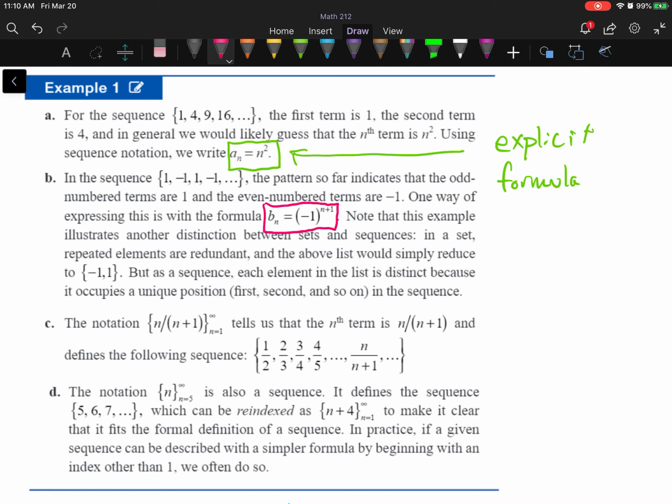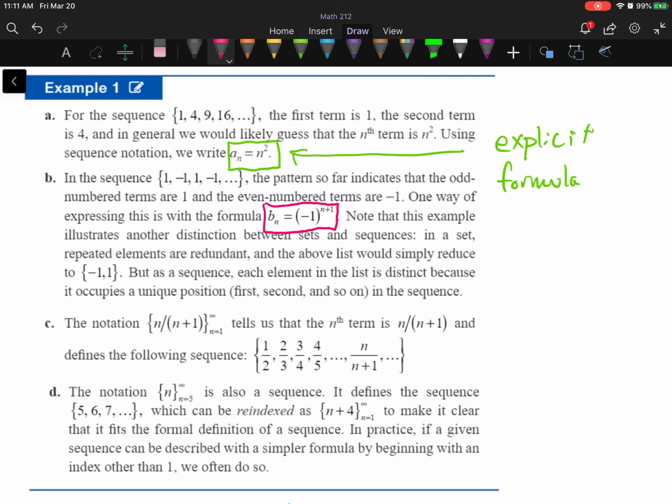It's made up of a rational expression where we've got n over n plus 1, and those, for different values of n, give us the familiar fractions like 1/2, 2/3, 3/4. When n is 4, we get 4 over 5, and so on. That has some cool properties that we'll talk about soon.